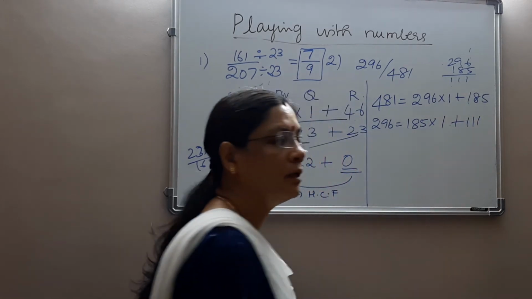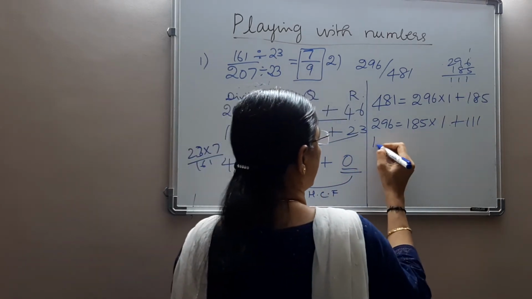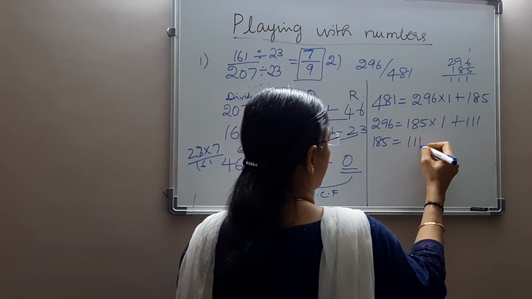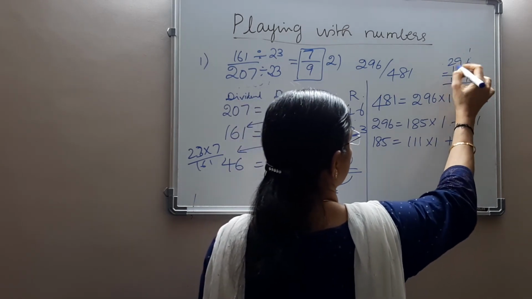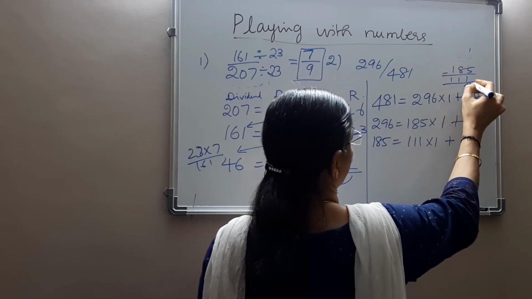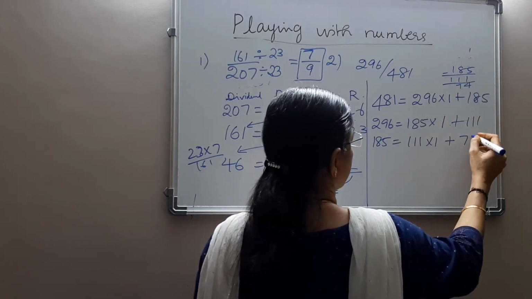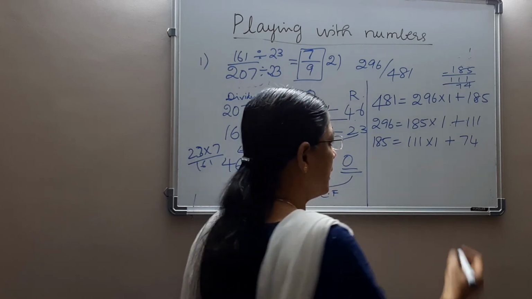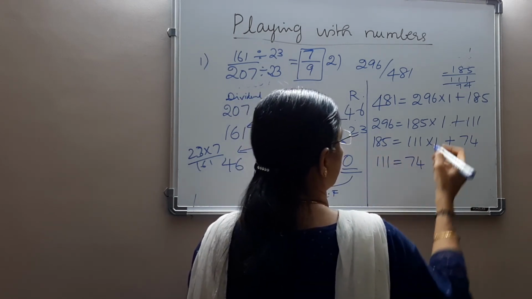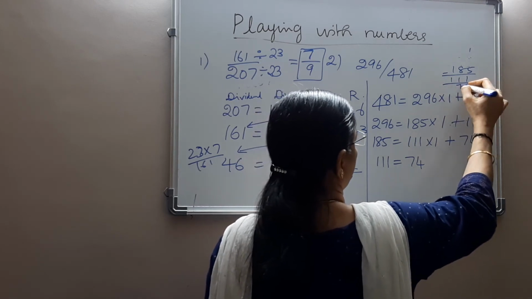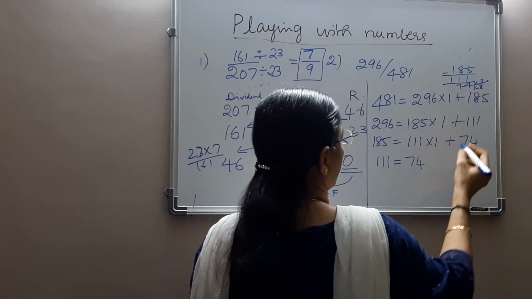111 is the remainder. Now you take 185 here, represent it by 111. Again 111 into 1 plus, what is this? Subtract 185 minus 111, you get 74. Okay, so bring this 111 here and 74 here. So 74 into 2 will be more than 111, isn't it?